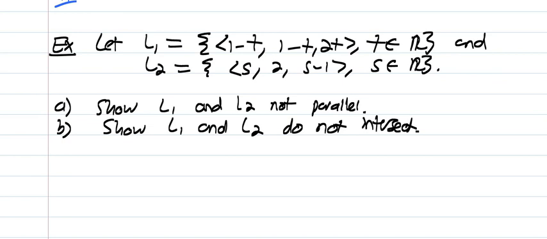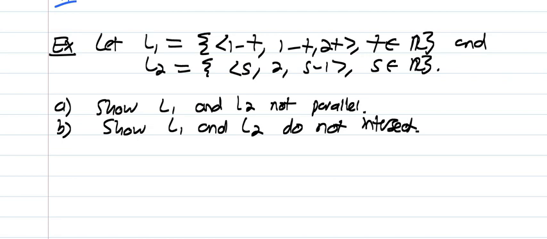Let line 1 be the 3D vectors of the form (1 minus t, 1 minus t, 2t), where t is a real number. And let line 2 be the 3D vectors of the form (s, s minus 1, ...), where s is a real number. And let's start with part A by showing that the two lines are not parallel. All right.